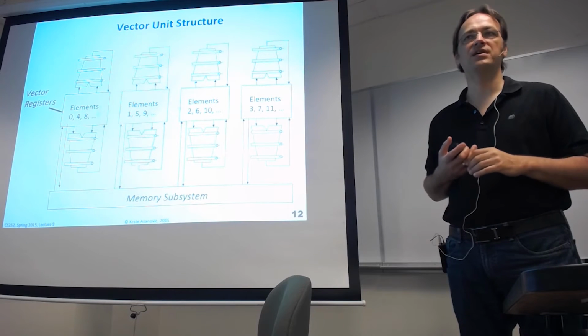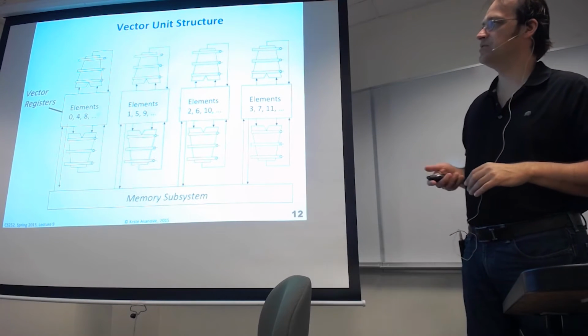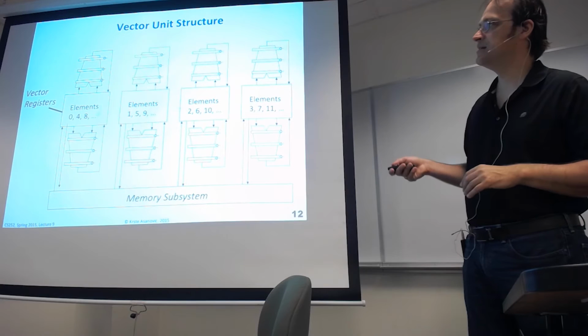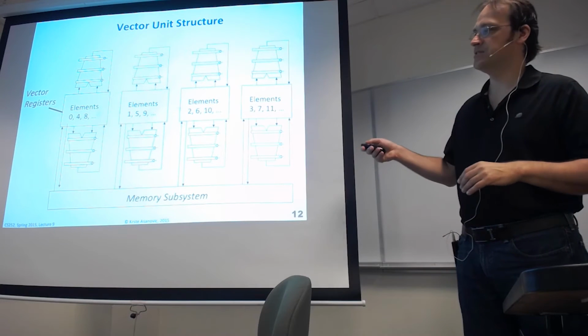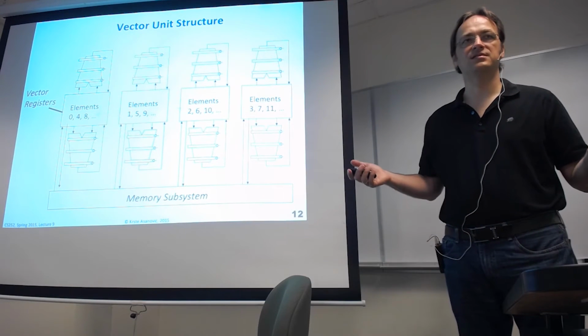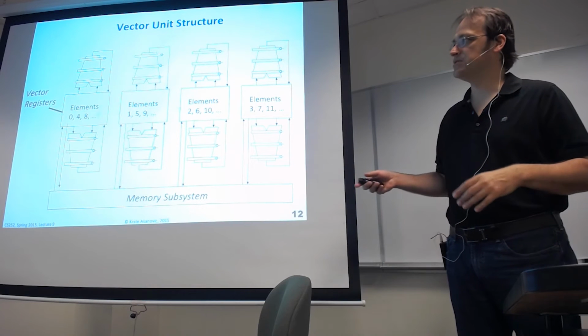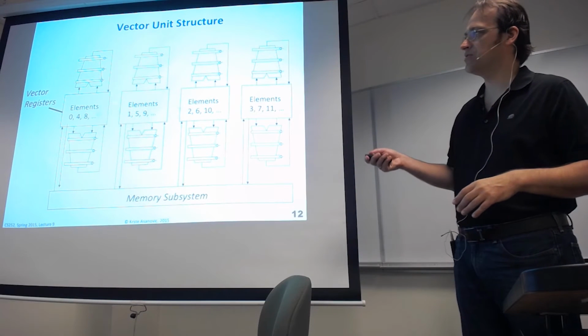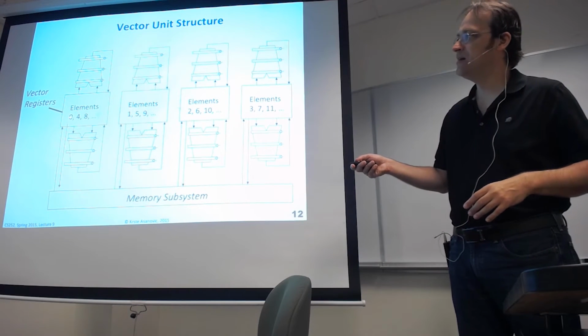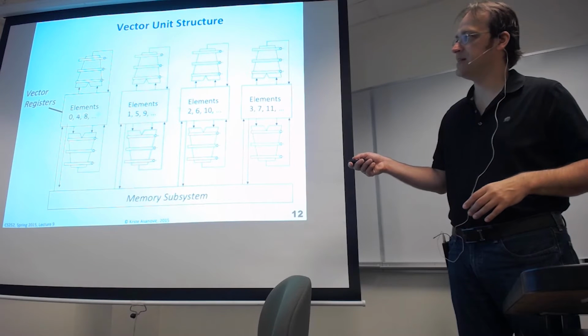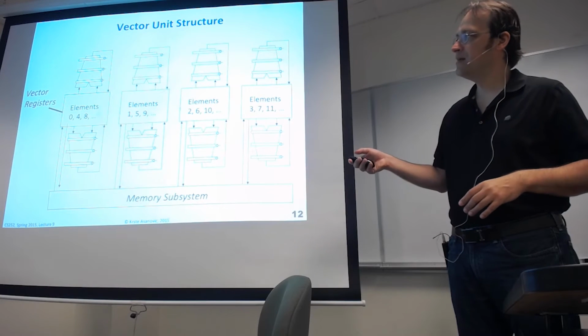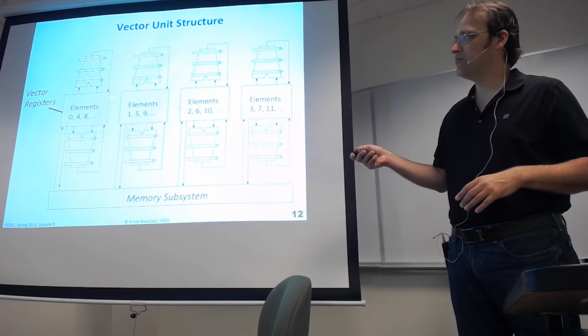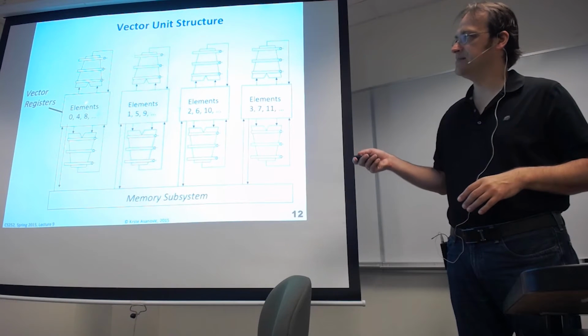And this is important because it allows you to slice up the functional unit into these parallel lanes, right? So you take the register file, the total storage you need for all the vector registers, and you divide it up into chunks, and you just stripe the elements across these chunks. So all the element 0 of all the different vector registers live here, as does element 4 and element 8. Elements 1, 5, and 9 of all the vector registers live in this second lane, in this second slice of the vector register file.